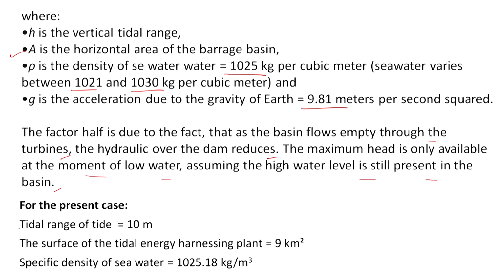In this case the total range of tide is 10 meter, the surface area of the tidal energy plant is 9 kilometer square, and the density of seawater is 1025.18 kg per meter cube. We will put these values in our energy expression.